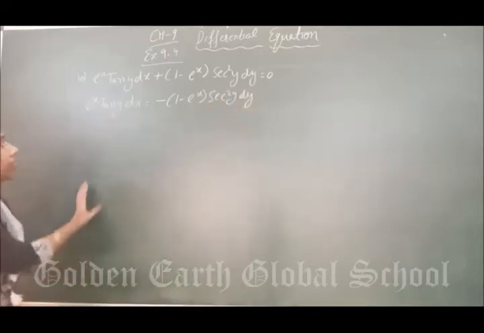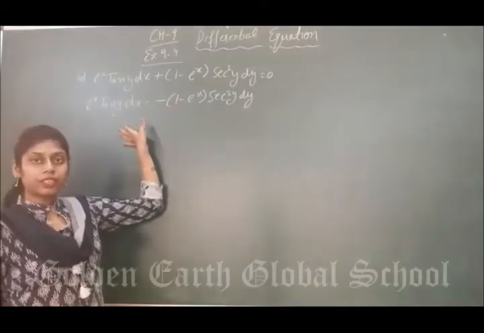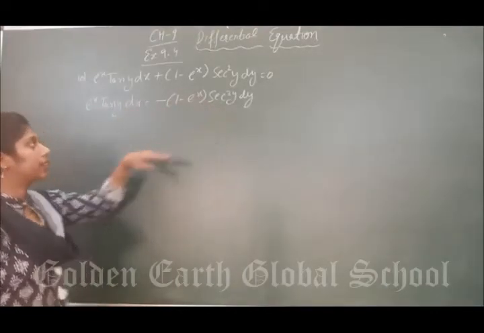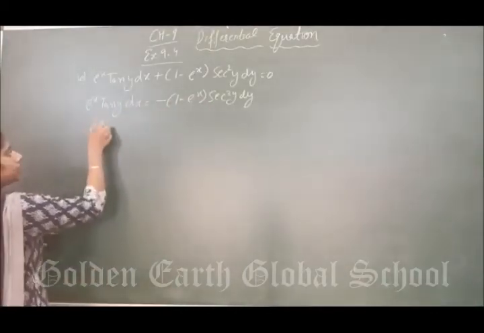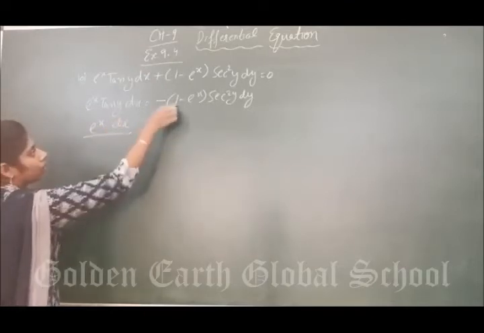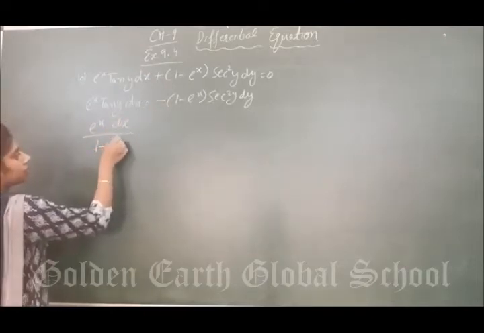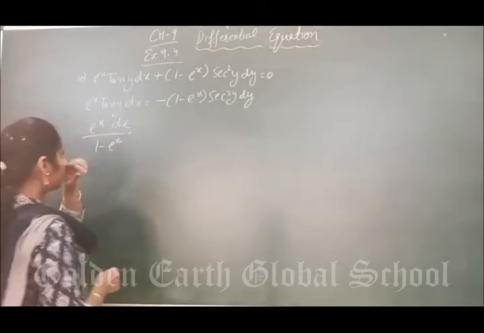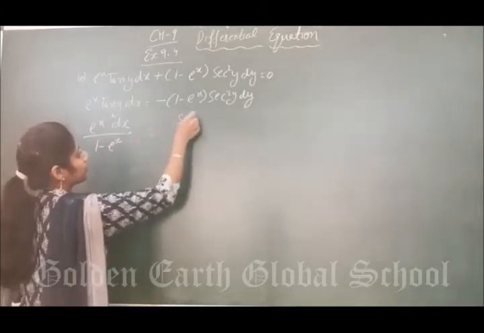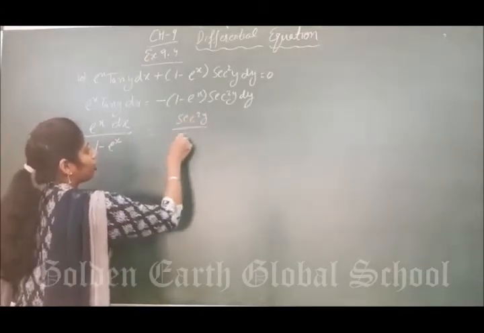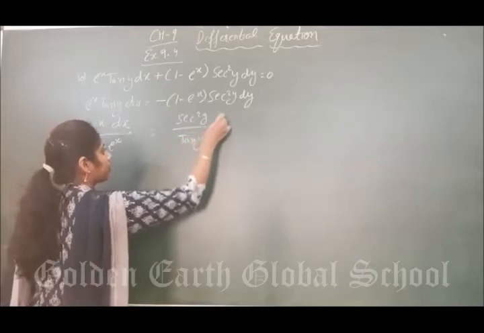Now shift the x term to the left hand side and the y term to the right hand side: e^x dx upon 1 minus e^x, and on the right hand side sec² y upon tan y dy.